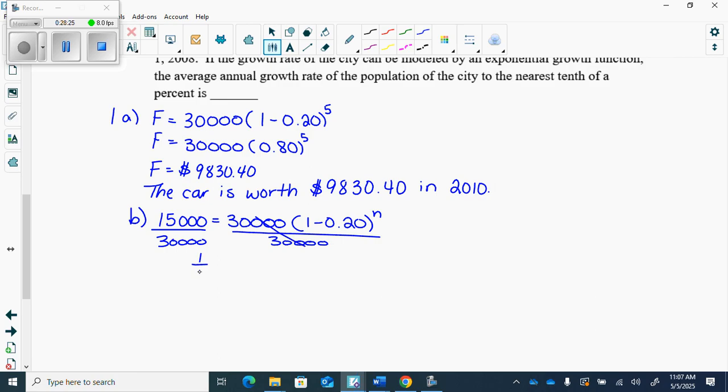So I get 1/2 equals 0.80 to the n. How do I solve when I don't know the exponent algebraically? Where's the log? So I get log base what? Base my number, 0.80. And then what goes beside? 1/2. 3.1 equals n. Everyone's typing it in.